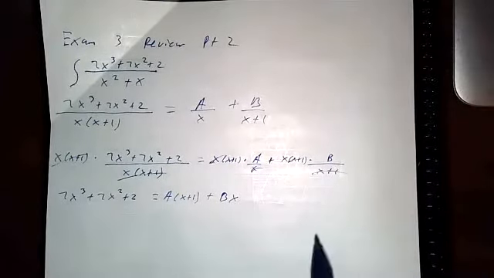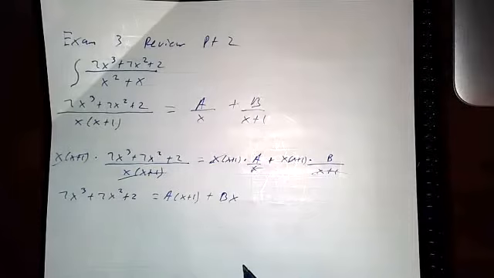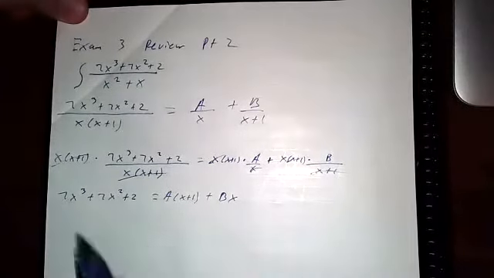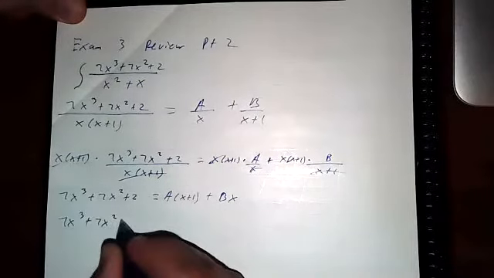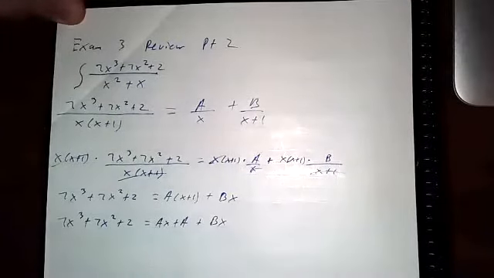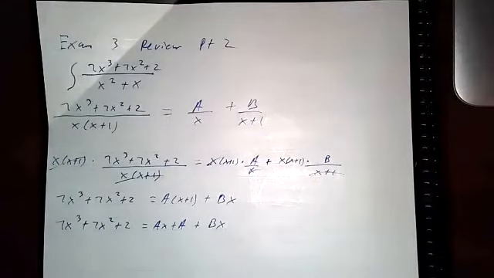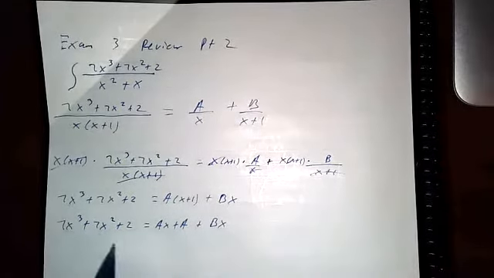On this one, you can do the Heaviside method to find your a and b real easily. But let's do it the other way because this other way works every time, equating the coefficients. So this will be ax plus a plus bx. Take anything with an x on it and equate it to anything with an x over here.